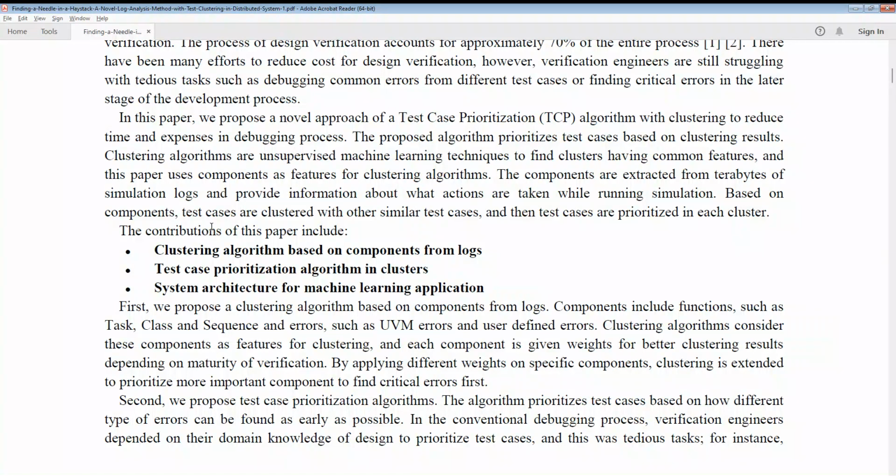The contributions of this paper include a clustering algorithm based on components from logs, a test case prioritization algorithm in clusters, and a system architecture for machine learning applications.